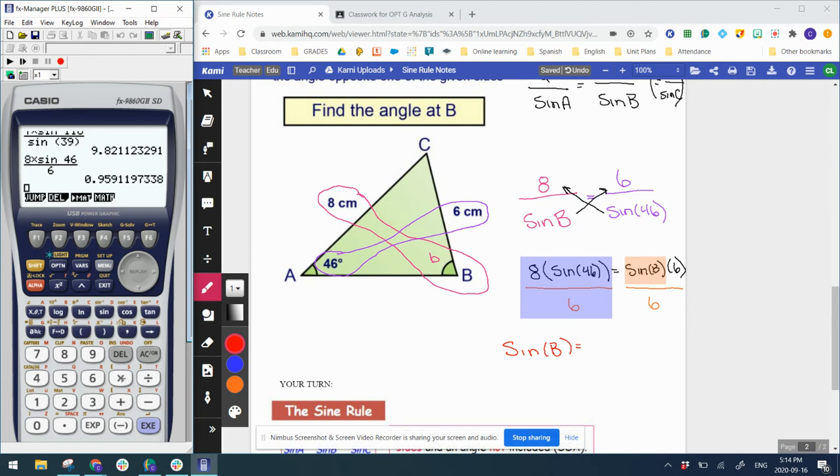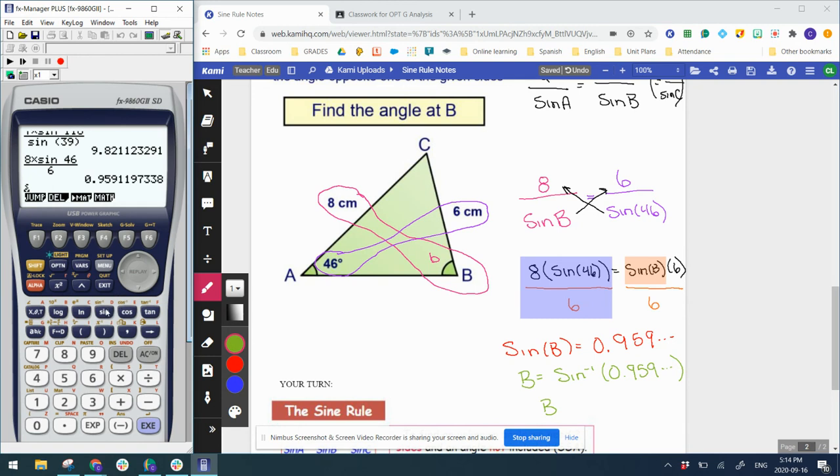This tells me that sine B is equal to 0.959, and so on. Remember, anytime we're finding an angle, we need to do that added step of doing sine inverse. So to figure out what B actually equals, we need to go sine inverse 0.959 dot dot dot. Remember, you want to keep all of those values in your calculator.